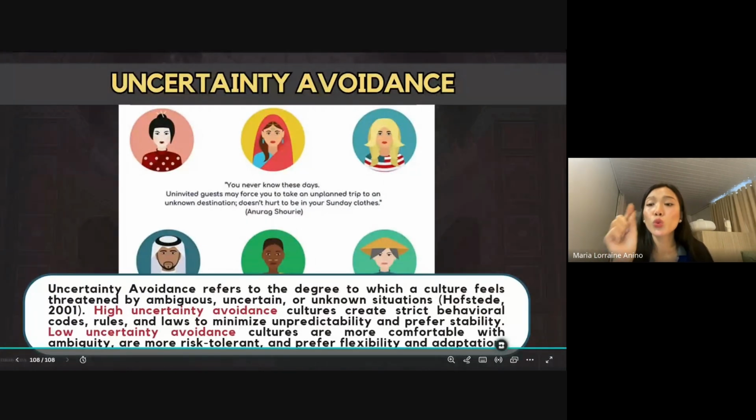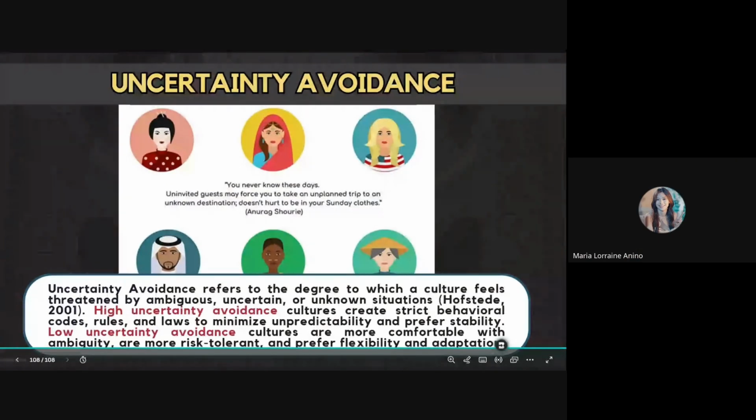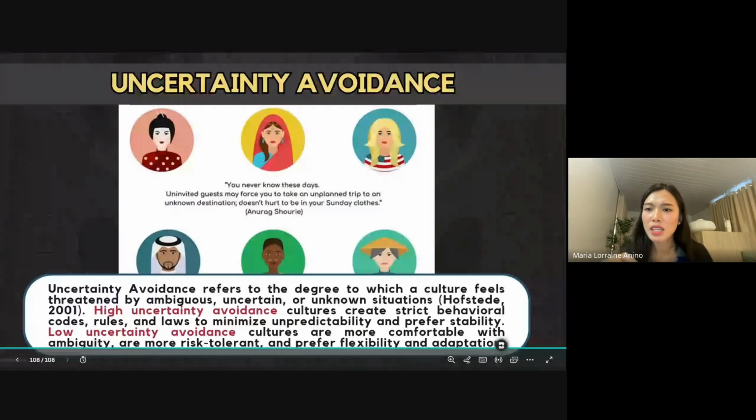Remember, there is high uncertainty avoidance and low uncertainty avoidance. High uncertainty avoidance is when you hate anything that is unplanned. What will happen here? You will freeze, you will panic, okay? Or you will avoid the situation. But if you train your mind, body, and heart to expect the unexpected, then you will respond better.